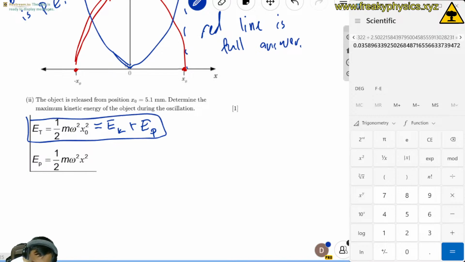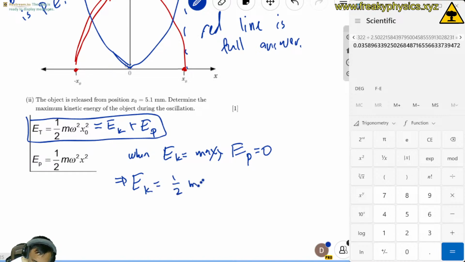Now, when the kinetic energy is maximum, the potential energy is 0. So we're just gonna do EK, or kinetic energy, equals 1 half m omega squared x0 squared. Put our values in again for the mass, the angular speed, and this is gonna be the x0 you need. Okay.